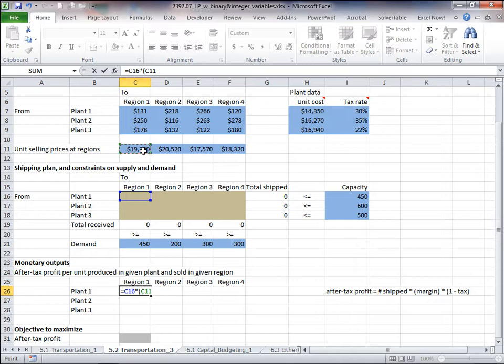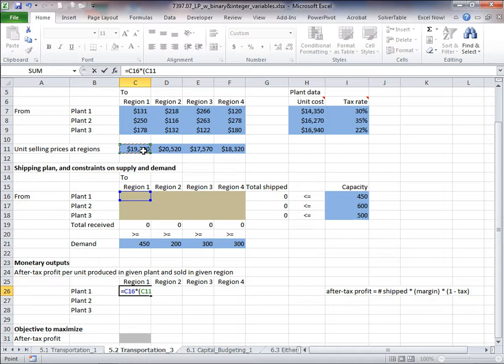Now, let's think ahead, because what we want to be able to do is copy this formula, not have to continually add it in all the time, right? So the selling price does not change for that column. So basically the row is fixed, but the columns will change, right?